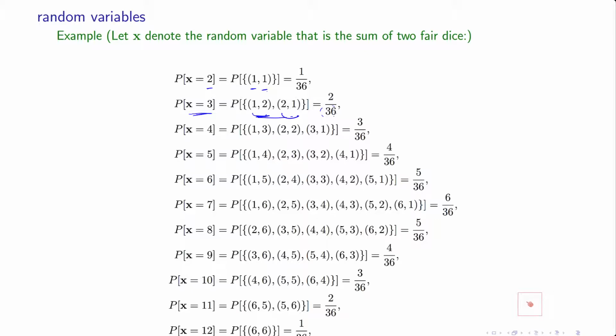This is assuming that your dice are both fair and independent of each other. If you want X to be 4, then you have 3 possible cases: 1, 3, 2, 2, and 3, 1. So you can calculate the probability of X taking different possible values from 2 to 12.